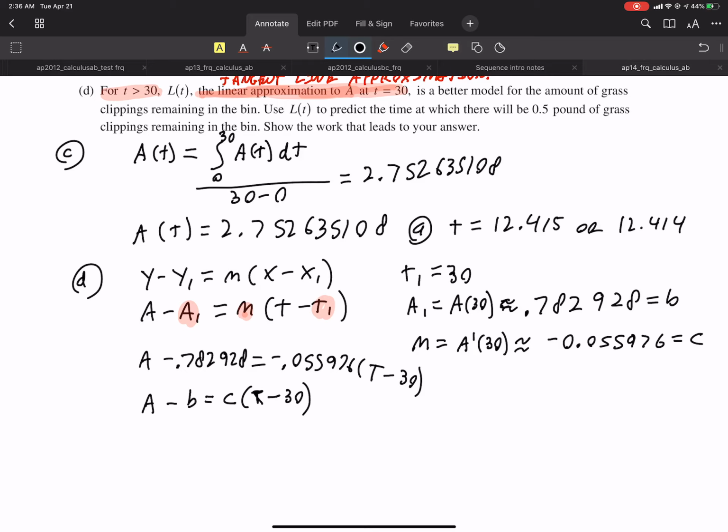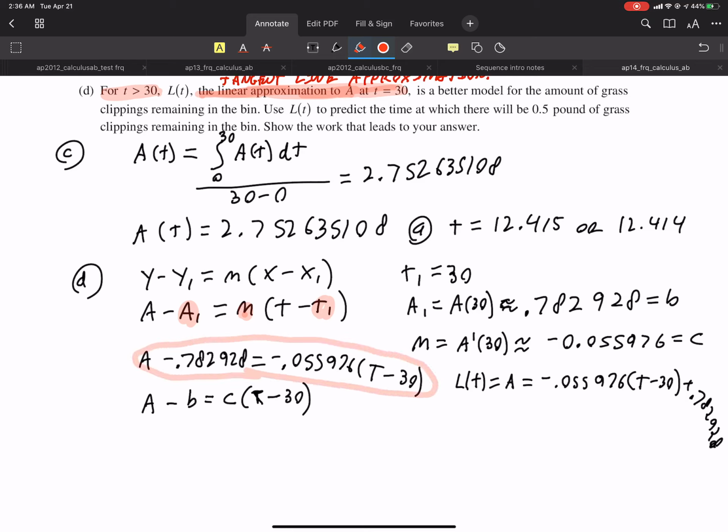So if I solve for A, L of t is A, and I guess I'll do this the long way, plus the 0.782928. All I did is took this equation and I isolated A, and that's my equation of my line, and they want that to be L of t.